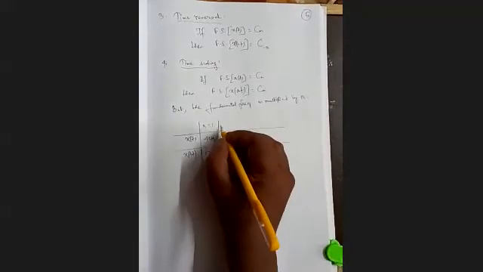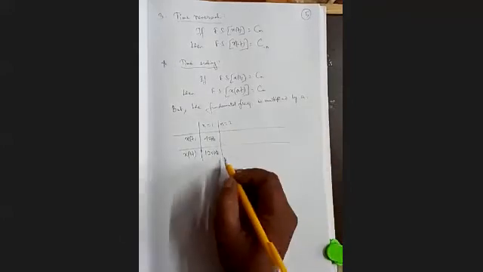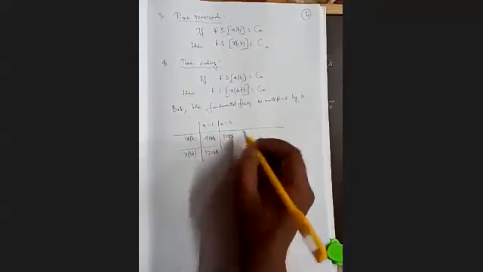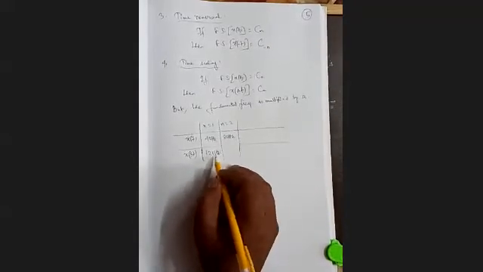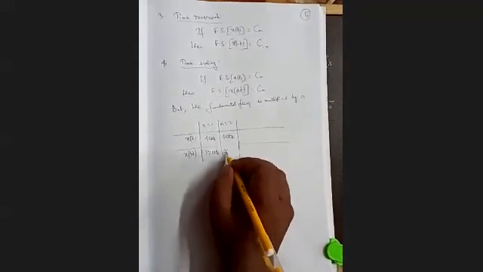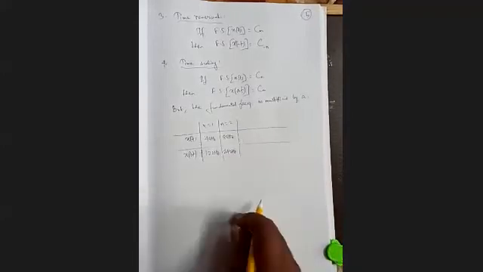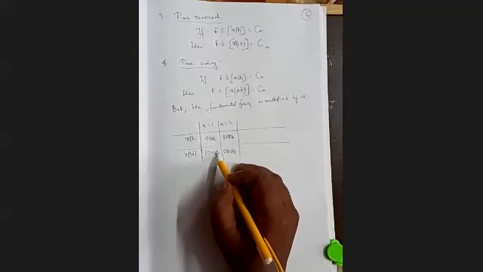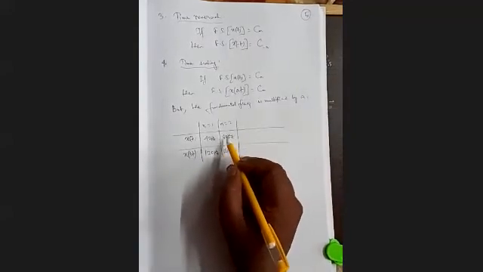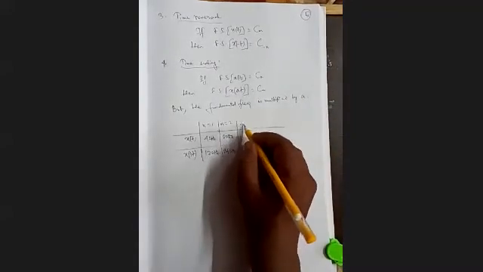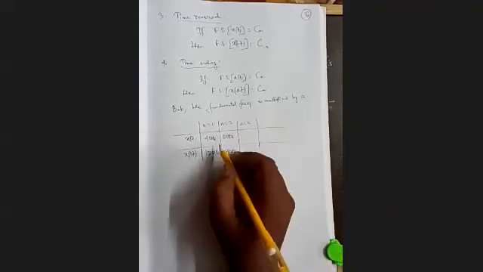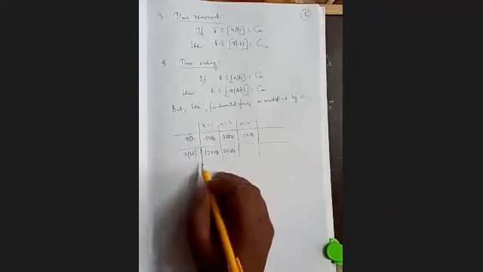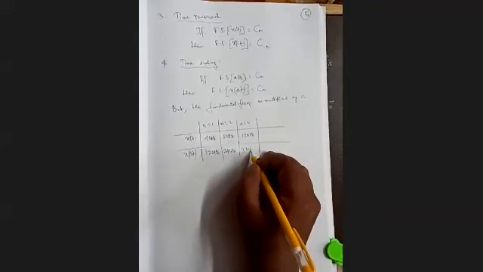Fundamental. For the second harmonic, what will happen? Here 40 into 2, 80 Hertz. There it is 120 into 2, 240 Hertz. But what is the ratio of their harmonics? This by that is equal to 2. Here also this by that equal to 2. For n equal to 3, 40 into 3, 120 Hertz, and 120 into 3, 360 Hertz.